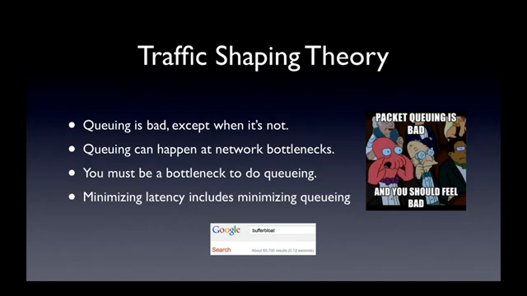So buffering or queuing typically happens at network bottlenecks. Now, traffic shaping does require that we do some queuing in order to accomplish our goals. But we do want to minimize the amount of queuing, and we only want to do as much queuing as we need to actually get the job done.